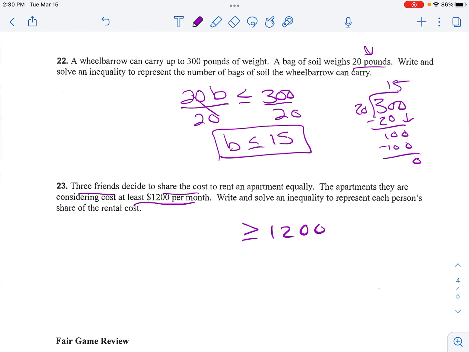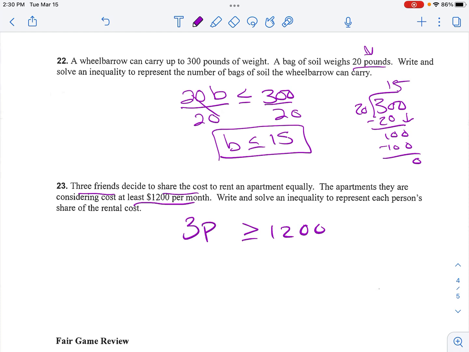So if it's at least $1,200, you kind of have to think in reverse on this one. We're sharing the cost with 3 friends, so I want to do 1,200 divided by 3. So if I want to divide by 3, I'm going to set up a multiplication equation so I can do the inverse, which is division.